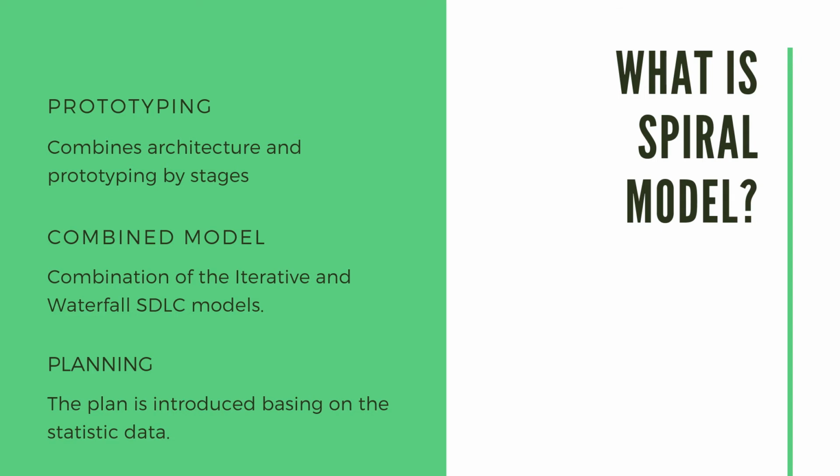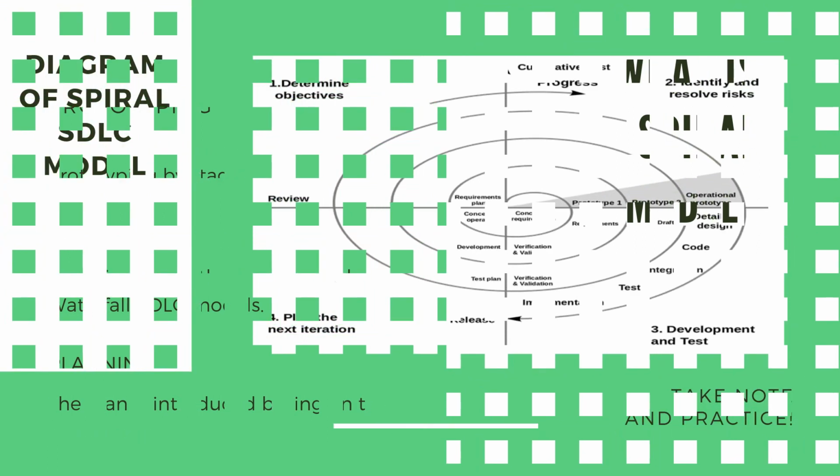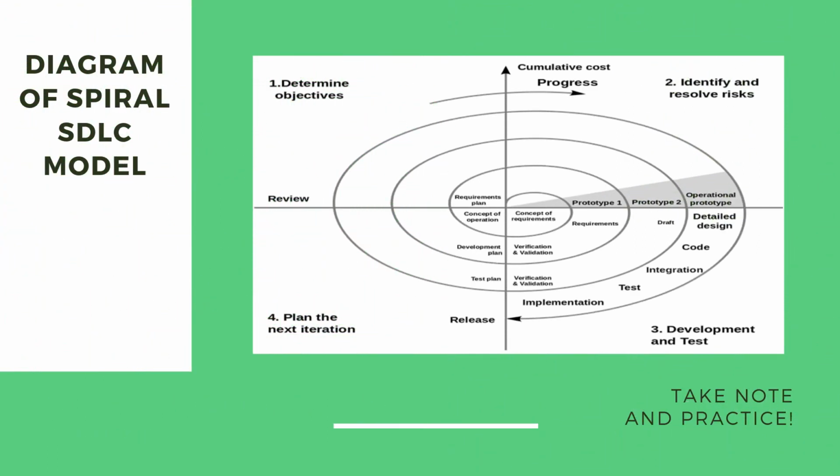The shift to the next stage is done according to the plan, even if the work on the previous stage is not done. The plan is introduced basing on the statistics data received during the previous projects, even from the personal developer's experience. The figure shows the design of the spiral model.